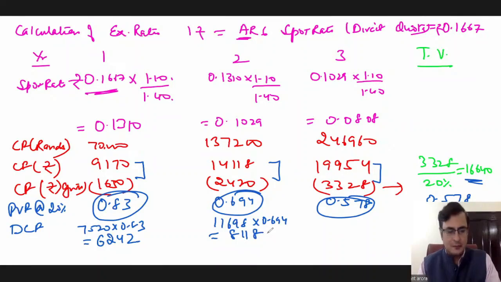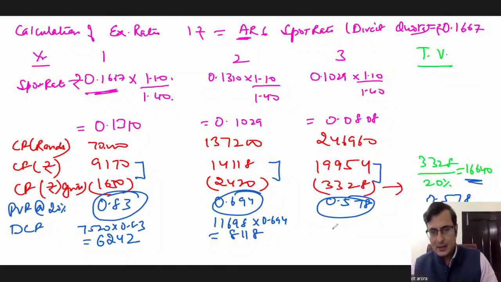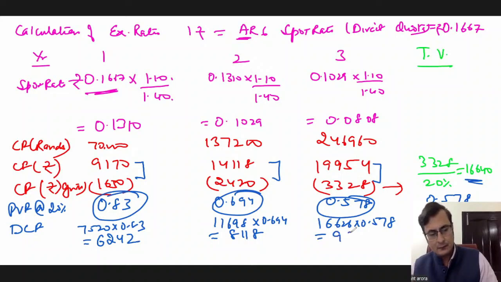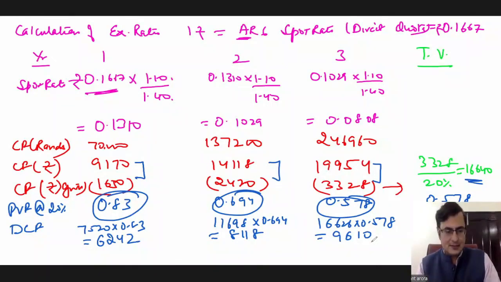19954 minus 3328, so that comes out to be 16626 into 0.578. Let's write that. Okay beta, and 16640 into 0.578.